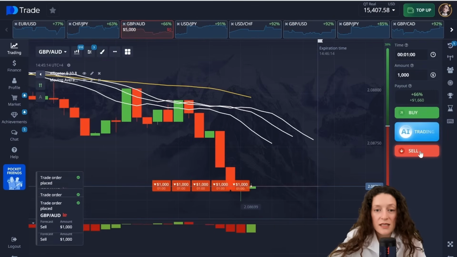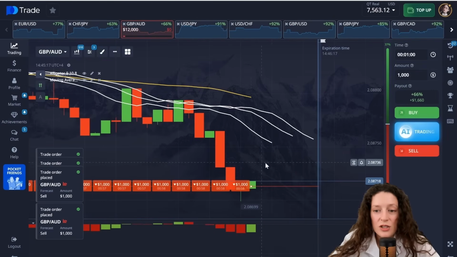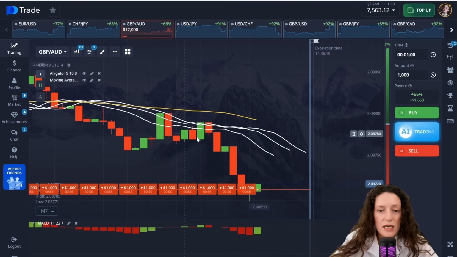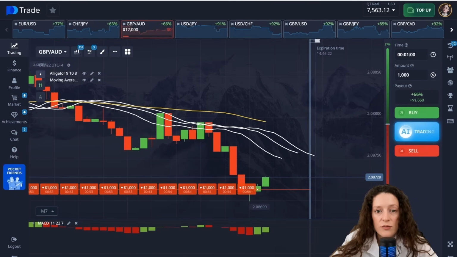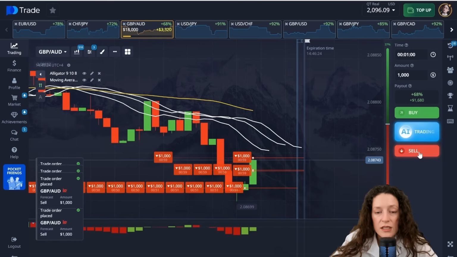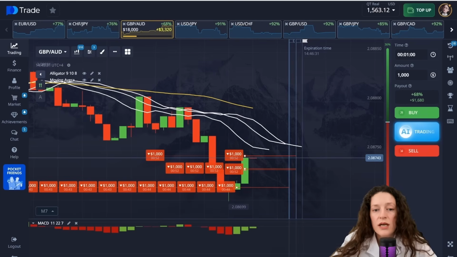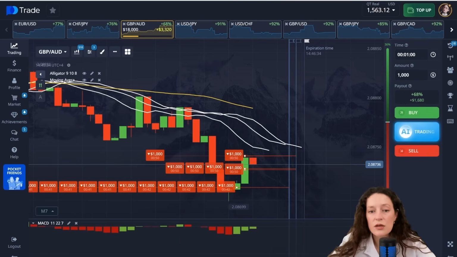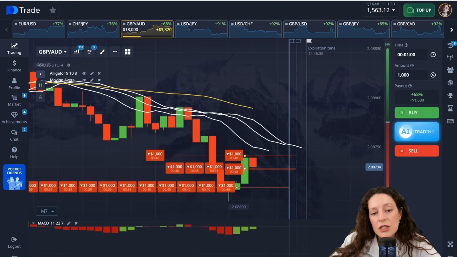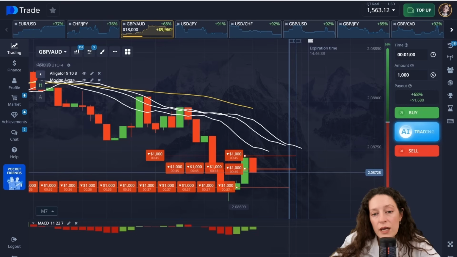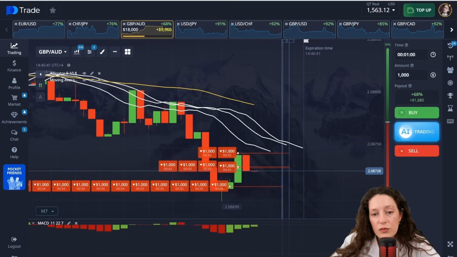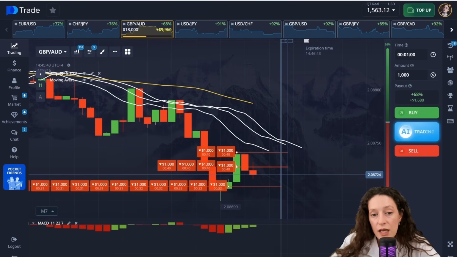This is the second moment I was talking about. At such a moment, I definitely observe whether the trend is up or down. In this case, I have a downtrend, and of course, I open the position in the downward direction. But here I do not look at when and how the yellow line of the moving average crossed the alligator lines.